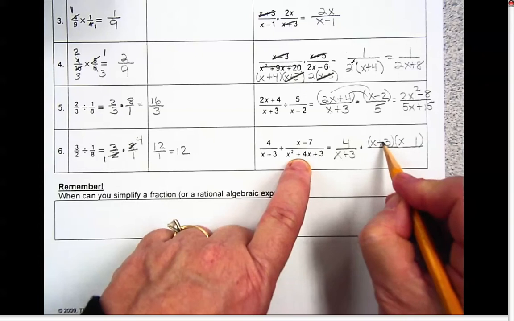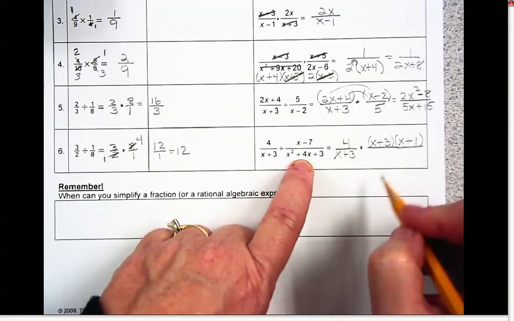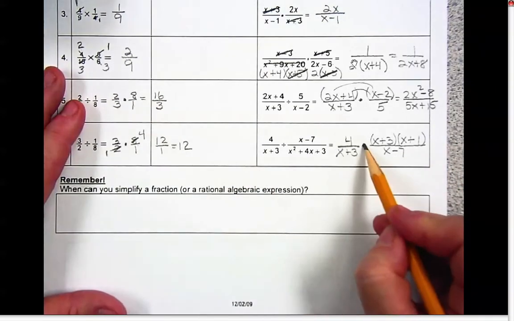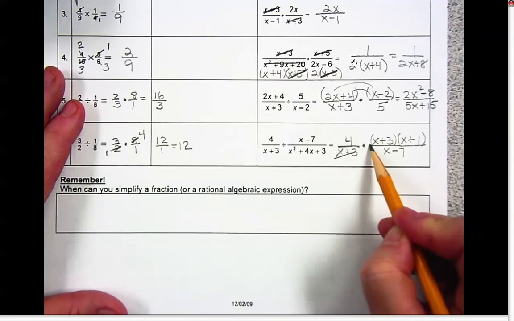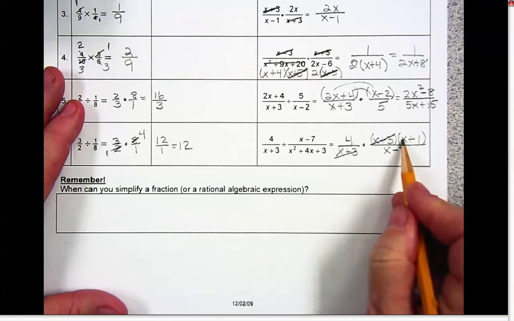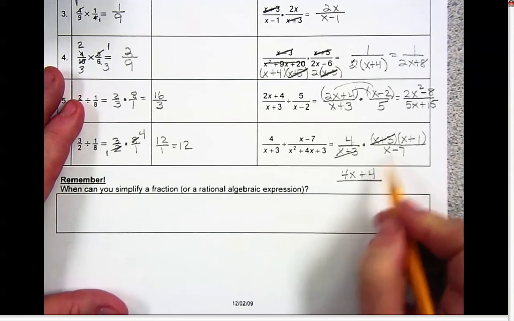So if we do both plus, then we have a 1x and a 3x, and that's a 4x. And then down here we have x minus 7. Because we're multiplying, we can cancel out an x plus 3 in the bottom and an x plus 3 in the top. So now we have 4 times x plus 1, which is 4x plus 4, over x minus 7.